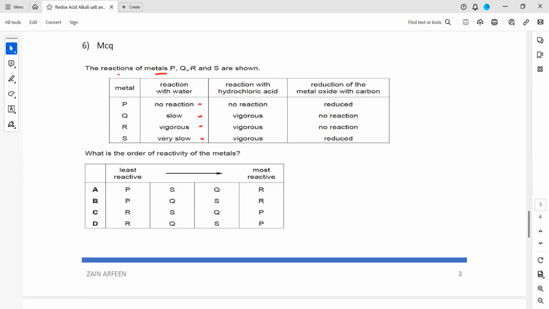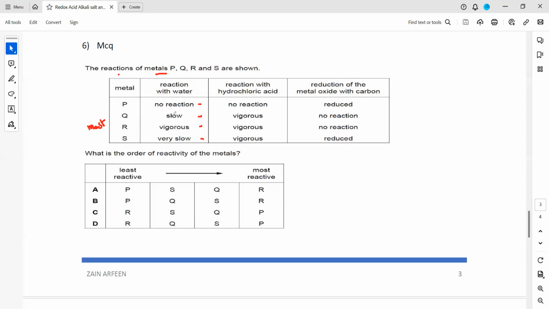Which of them is reacting? Because we want the least reactive to most reactive. The one which is highly reactive will react, like a vigorous reaction will happen. So R is there. According to this series, R is the most reactive.